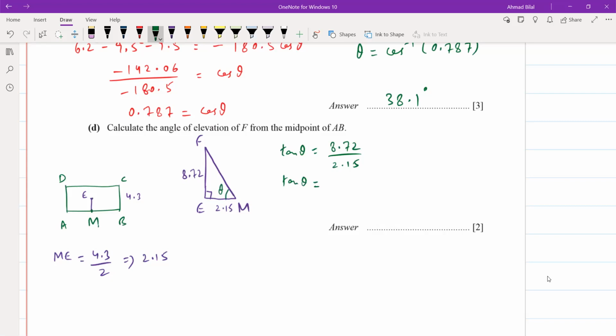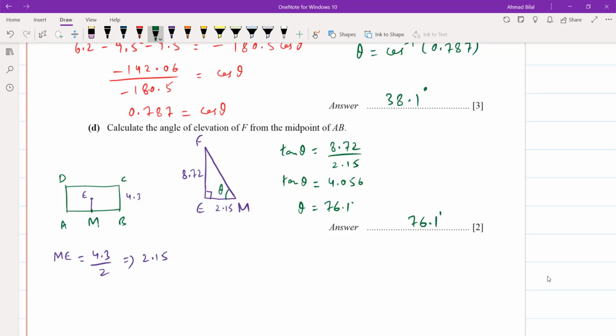Okay, so now tan theta from here turns out to be 8.72 divided by 2.15. That is 4.056. इसका tan inverse ले लें। इसका tan inverse लेंगे तो we get 76.1 degrees. थीटा हमारे पास यहाँ से आ जाता है 76.1 degrees, ठीक है?